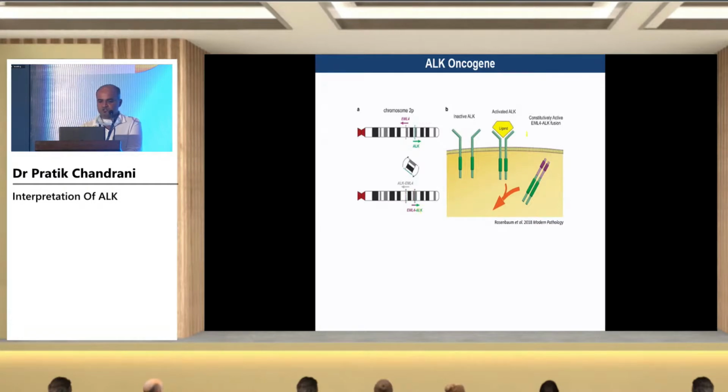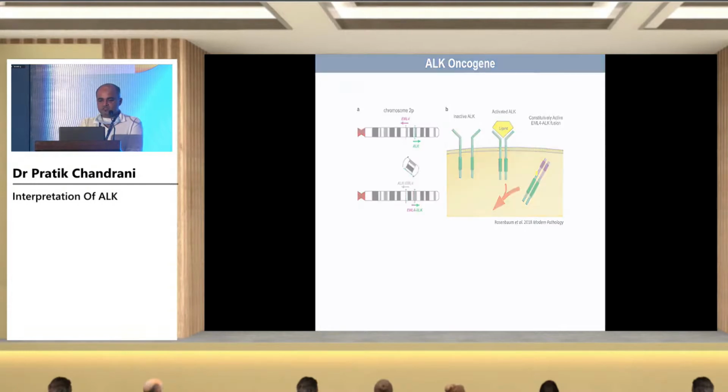Because of this fusion, the outer domain of ALK is lost, and instead EML4 comes into the picture, which results in a cytoplasmic protein of the fused protein, and this is losing all of its control, which is driven by the ligand in a biological reaction, because of which it is constitutively active and it is oncogenic in nature.